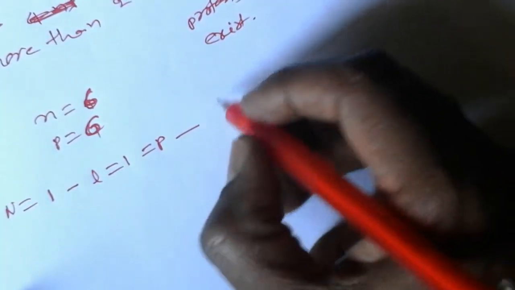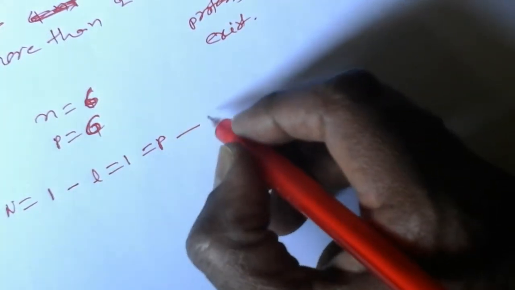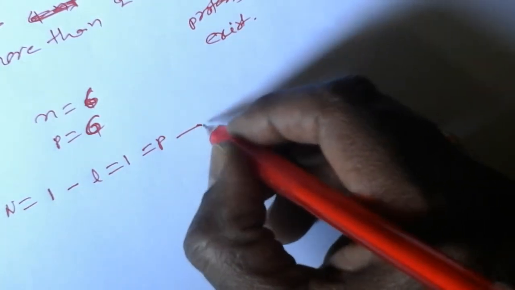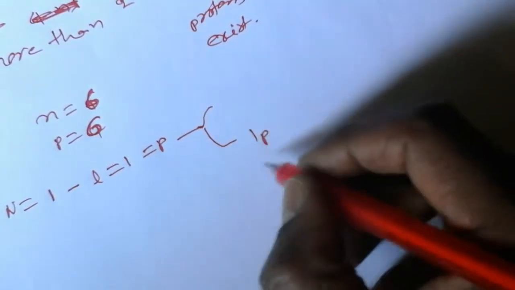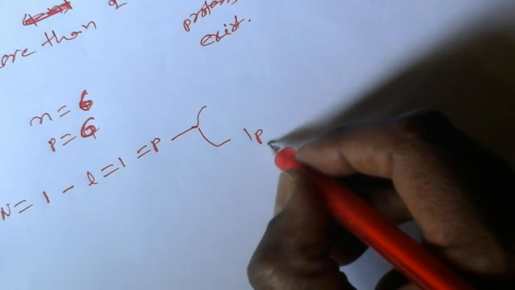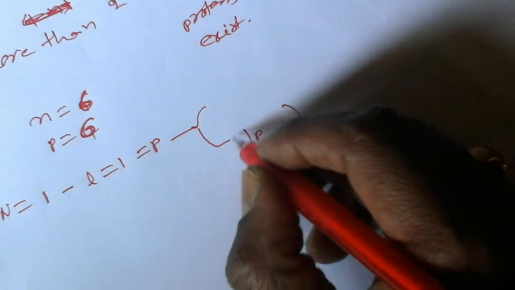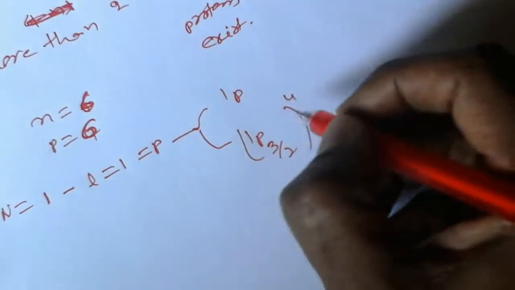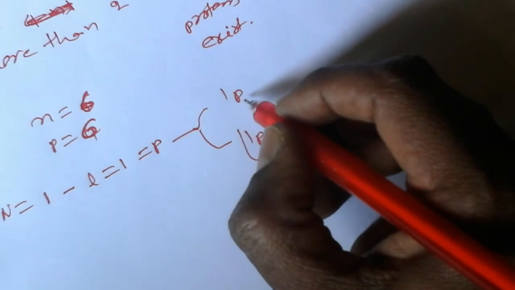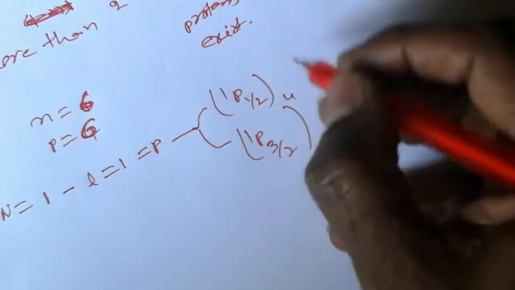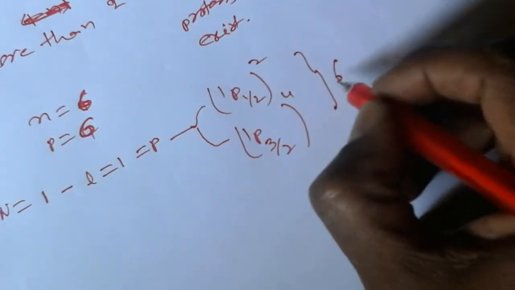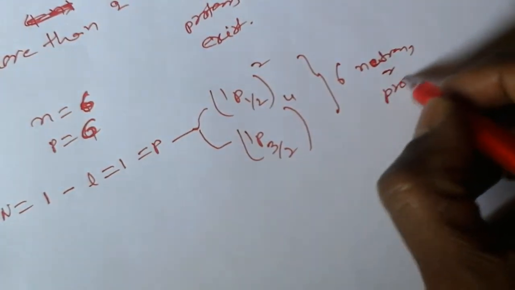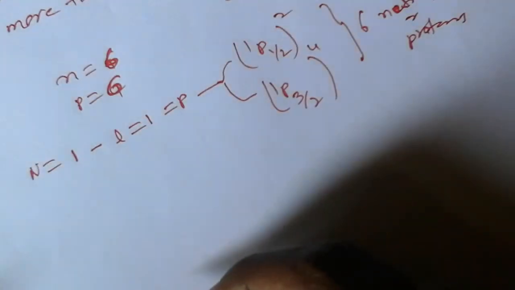This p I can write as divided into 2 parts: 1p 3/2 to the power of 4, and 1p 1/2 to the power of 2. So in total 6 neutrons or protons.